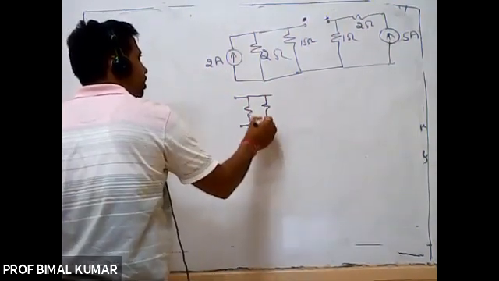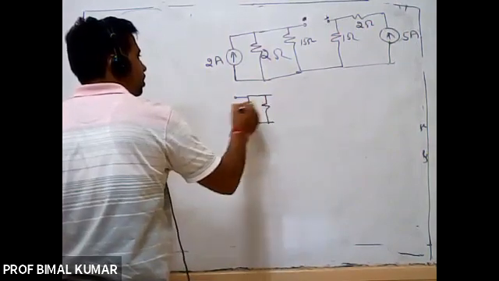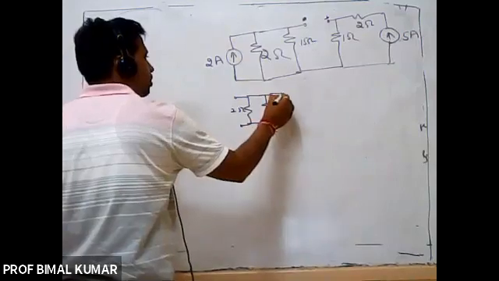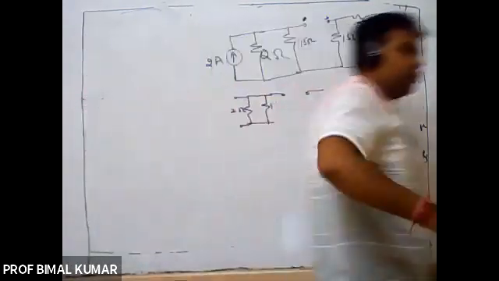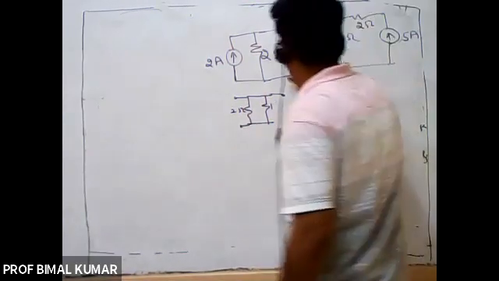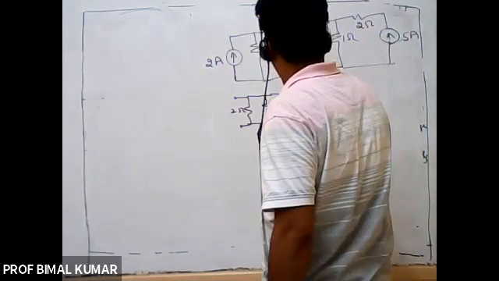Here 2 ohm, 1, just check me the value of this second resistance. That will be 1 ohm, right? So this is of the value 1 ohm.